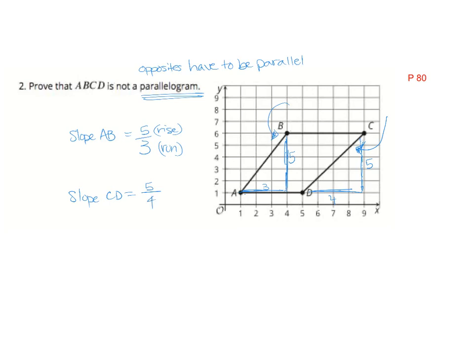So notice that 5/3 does not equal 5/4. So ABCD is not a parallelogram. I'm abbreviating parallelogram with the symbol for parallel because AB and CD do not have the same slope.